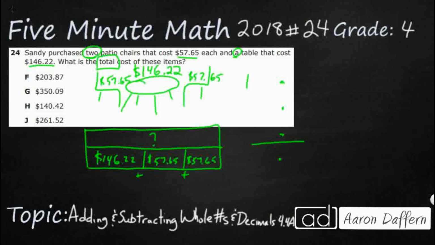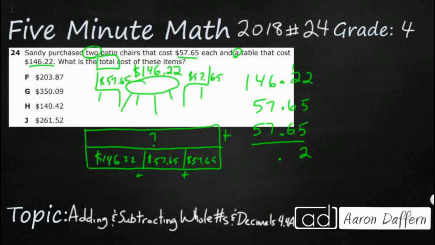So I'll start with my $146.22. Now I'm going to get my $57.65 and another $57.65, making sure that everything is all lined up. You do have this 1 in the hundred spot that's just kind of out on its own, but there's nothing wrong with that. So we add this up here. 5 and 5 is 10, add that 2 is 12.